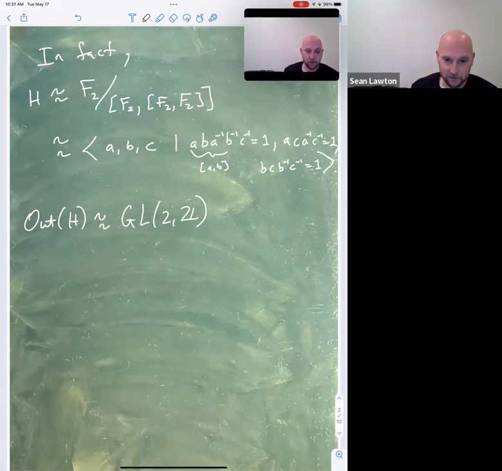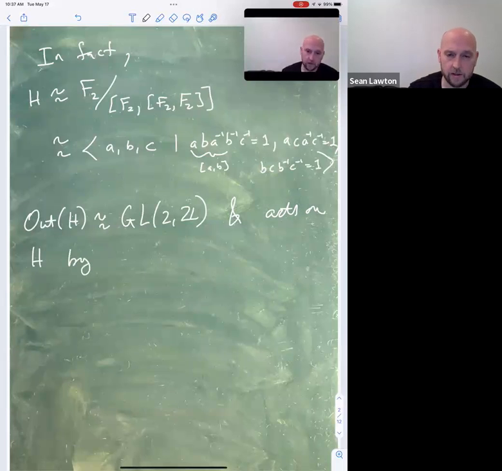So it's closer to SL2Z than it is to what you might think of like GL2Q or something. But anyway, just pointing that out. Most people want that reminded. Okay, so Out is isomorphic to this and acts on H.